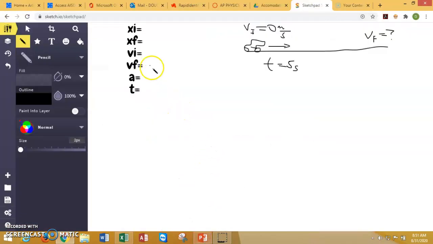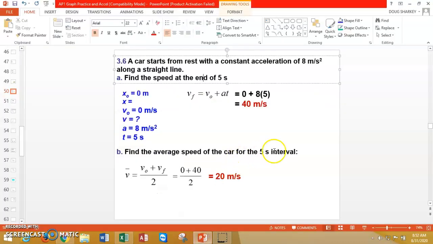Now, the next thing I do is I build a chart. And this is what my chart always looks like. For kinematics problems, I like to build a chart. Initial displacement, final displacement, initial velocity, final velocity, acceleration, and time. Those are all the different variables that we have.